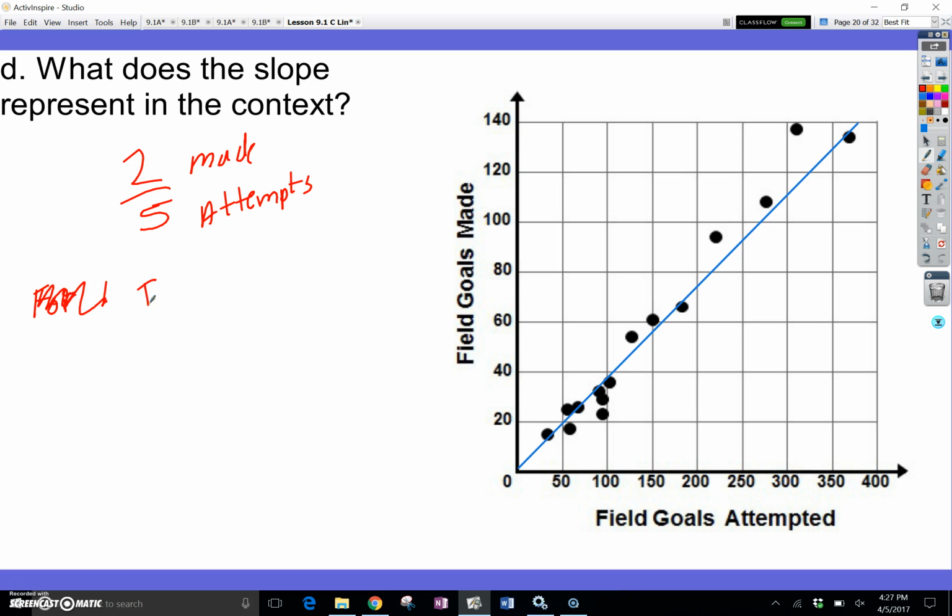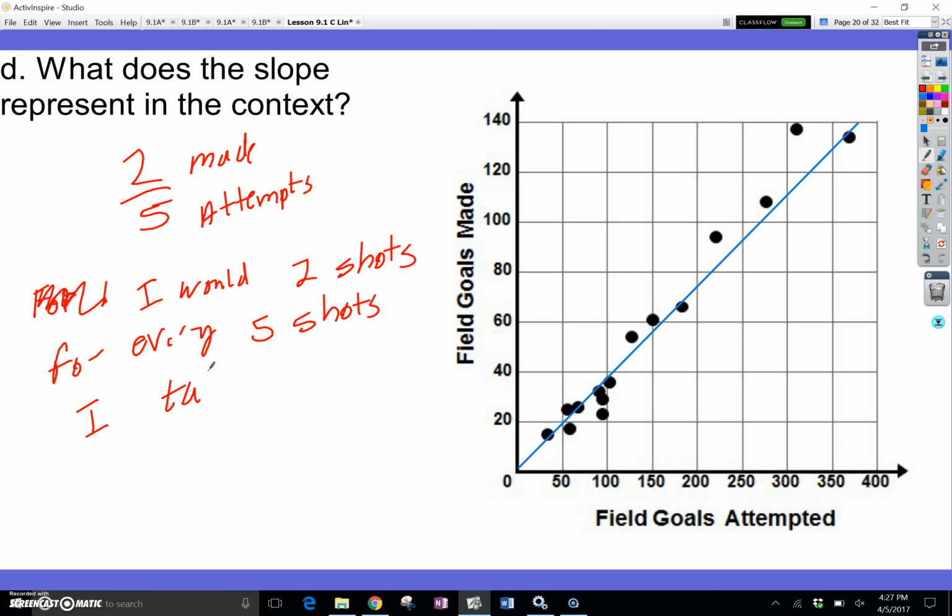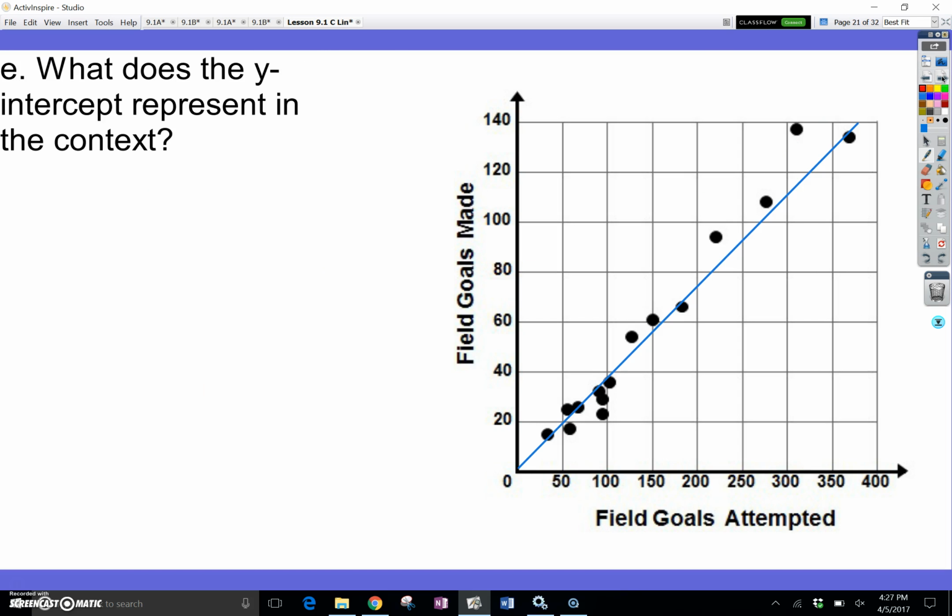I would make 2 shots for every 5 shots I take. Alright, so that's what it means in the context of this problem.